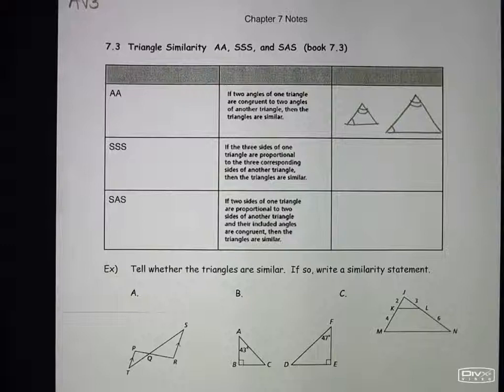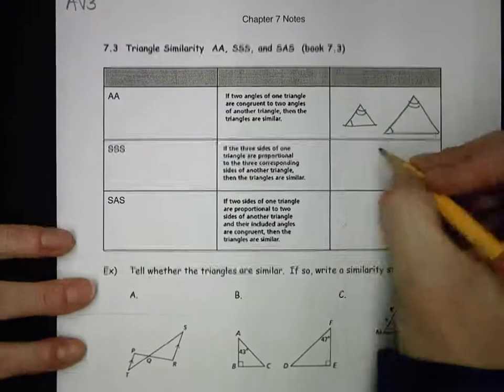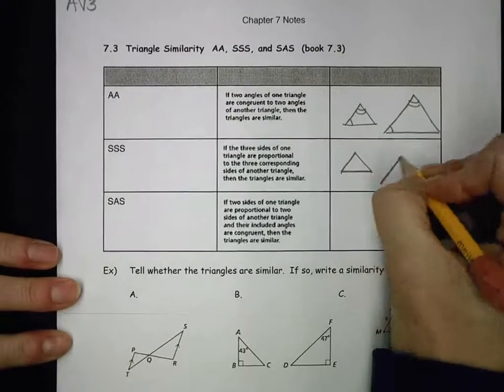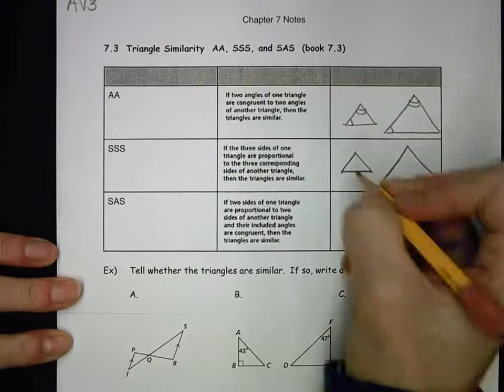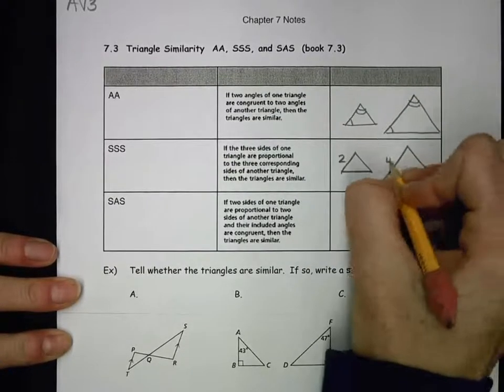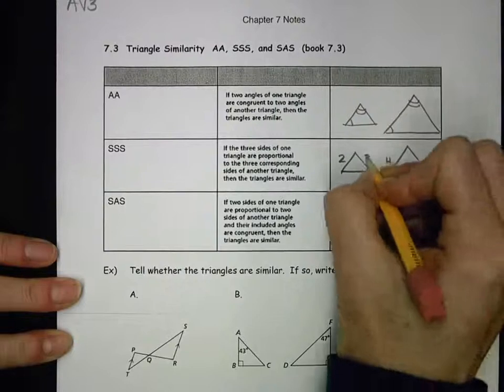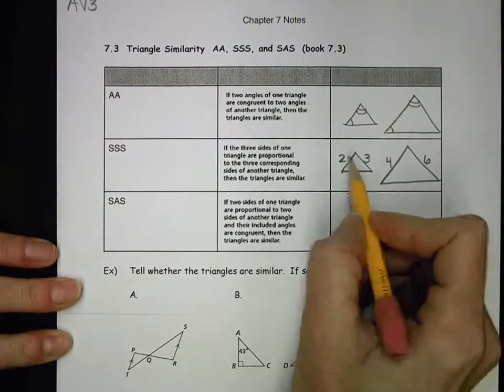Our next triangle similarity theorem is SSS. If three sides of one triangle are proportional, not equal, but proportional to the three corresponding sides of another triangle, then the triangles are similar. For example, if this is 2 and 4, if this were 3, then this would have to be 6.